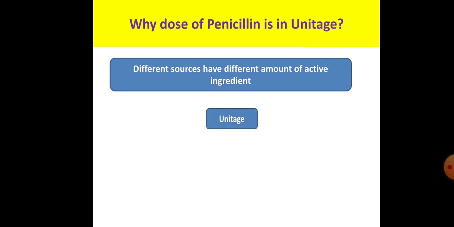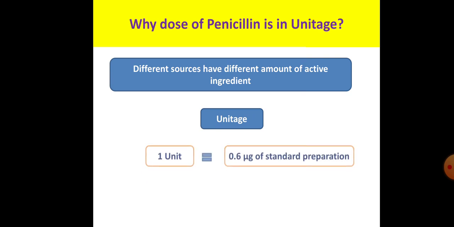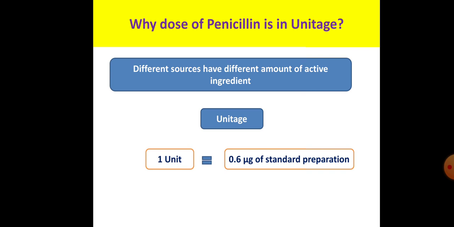It means that we are not focused on the amount, but on the activity, or we can say the actual amount of the active ingredient. One unit means 0.6 microgram of standard preparation.